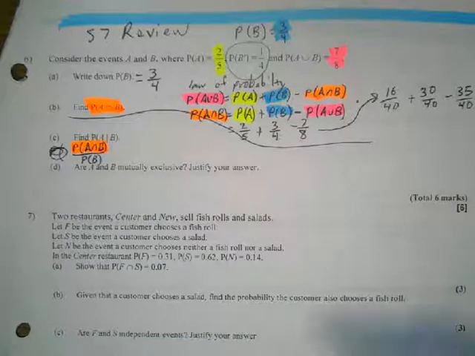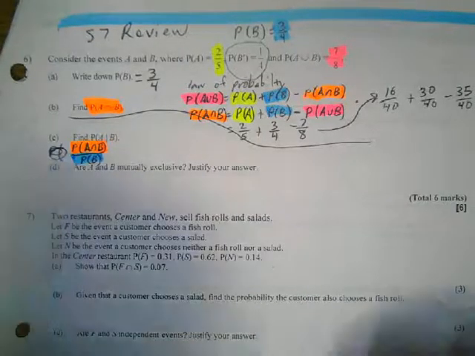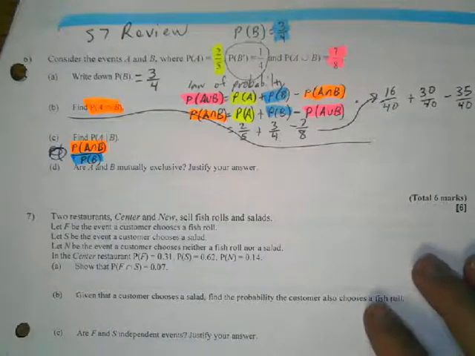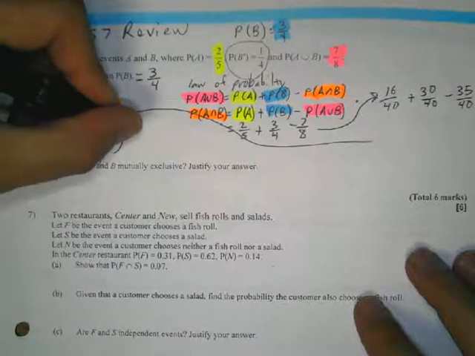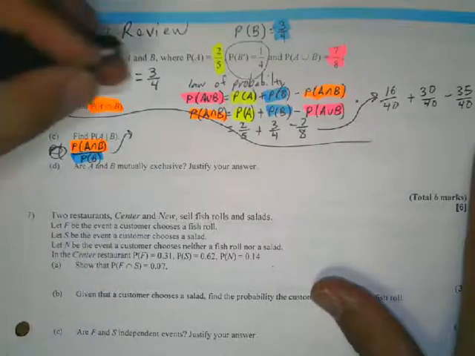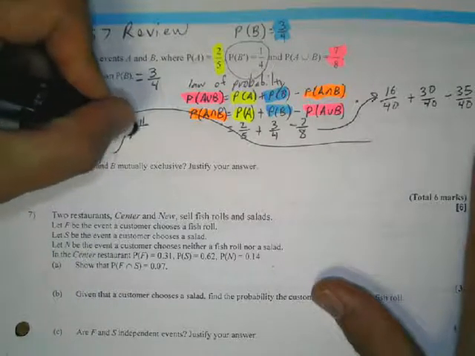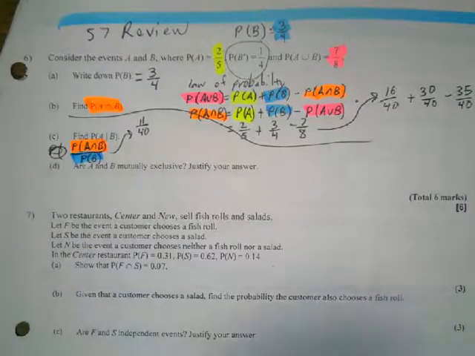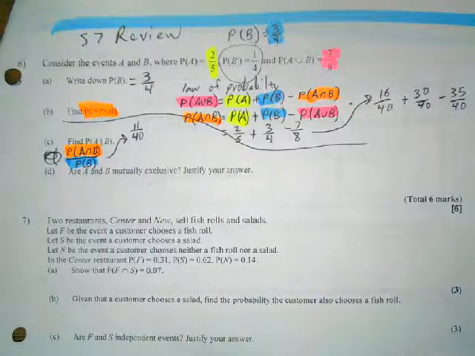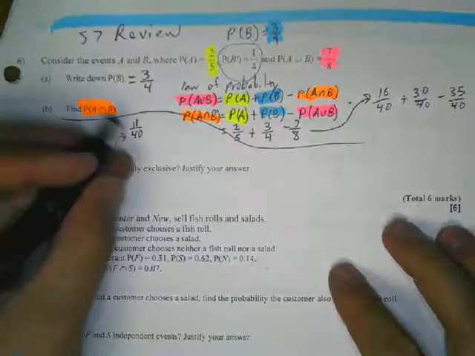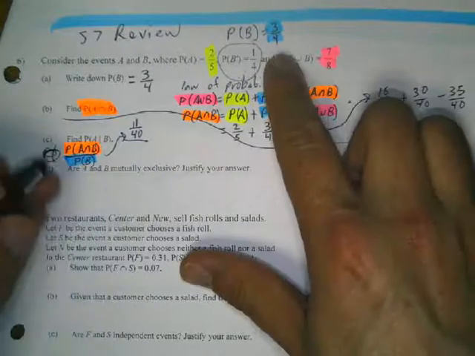Probability of B, we highlight in blue. So now we solve for this. This is equal to 11 out of 40, right? And the probability of B is 3/4.